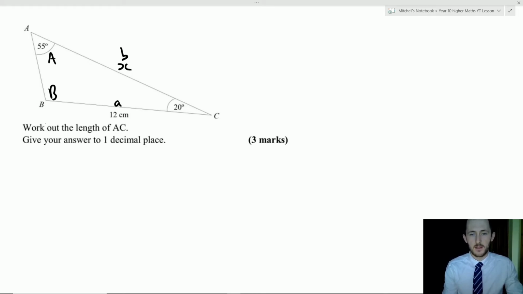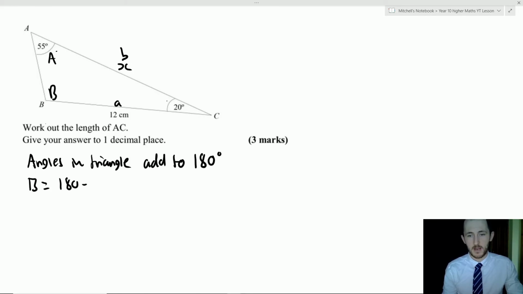Okay? Because the angles in a triangle add to 180 degrees. Again, I'm writing like a caveman. We have two of the angles already. So angle B should be 180 minus 20 minus 55.